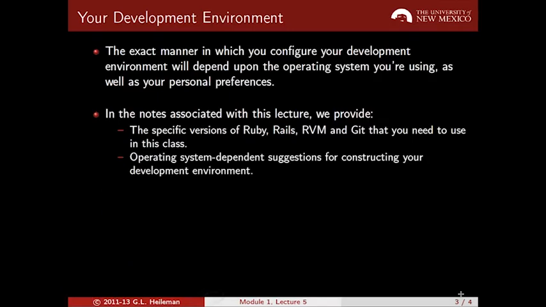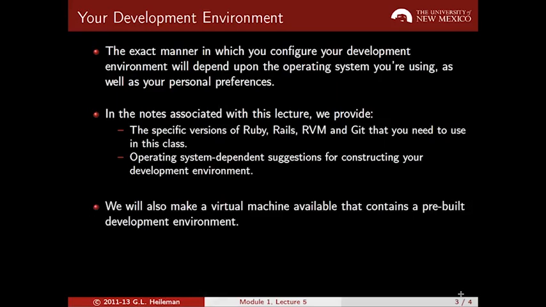We'll also provide operating system specific suggestions to help you get your particular development environment optimized. And some students have a difficult time getting a development environment set up. In that case, we're also going to build a virtual machine for you that you can download and use, and it'll have everything set up on it so that you can get to work immediately.